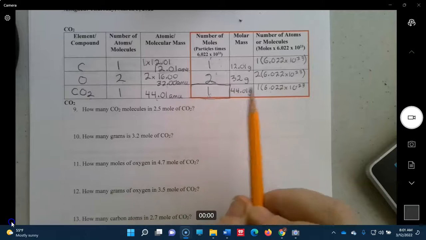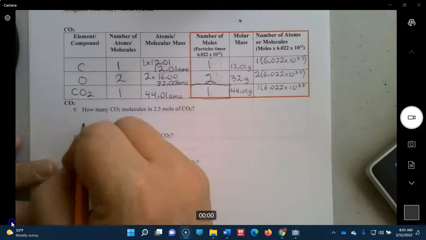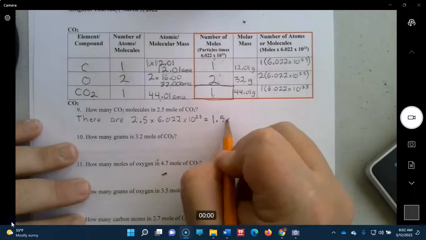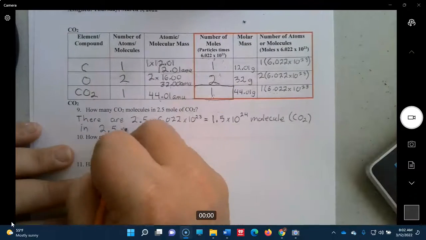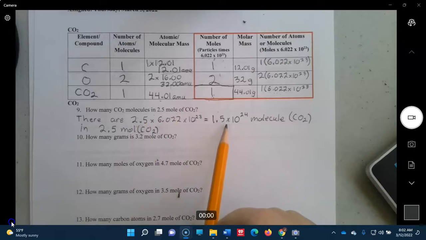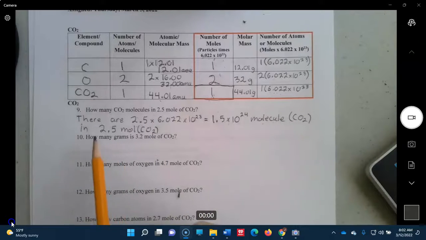So in 2.5 moles, there's 2.5 times that number right there. So we're going to go ahead and write that. All right, so there are 2.5 times this number. You don't have to write the units of measure when you're doing the calculation, just when you get the final number: 1.5 times 10 to the 24th molecules of CO2 in 2.5 moles of CO2.